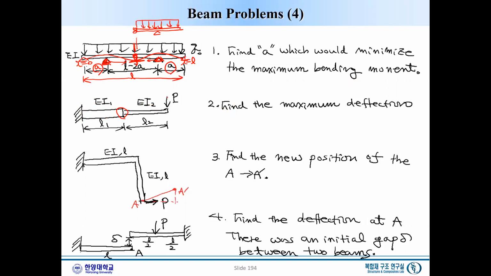On the right-hand side it is subject to an end load P, a vertical P load, and this will certainly deflect, right? Deflect like that. But the point is that the bending stiffness EI1 and bending stiffness EI2 are different, and the lengths are different.